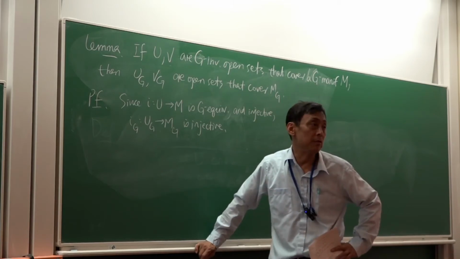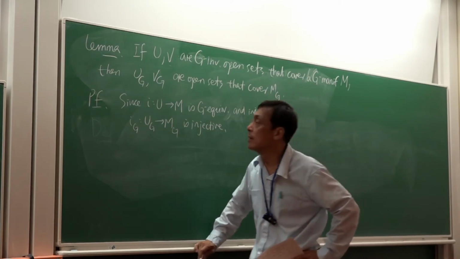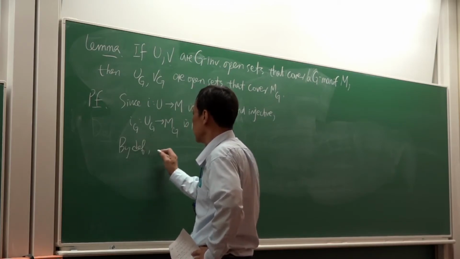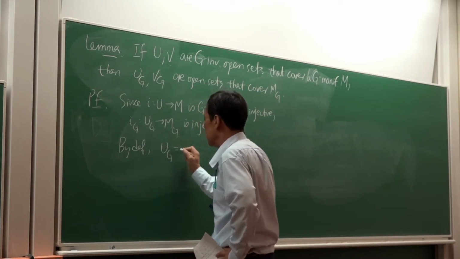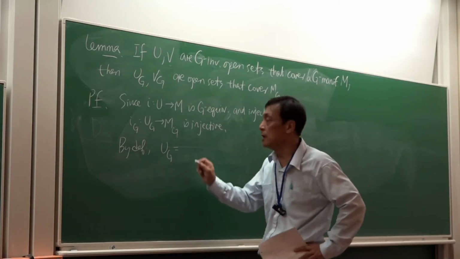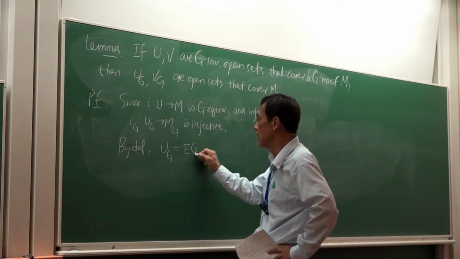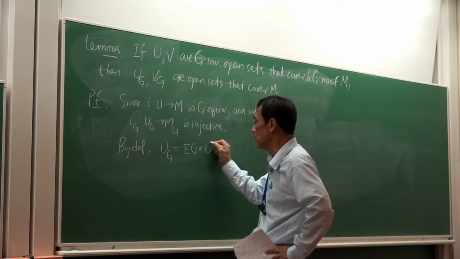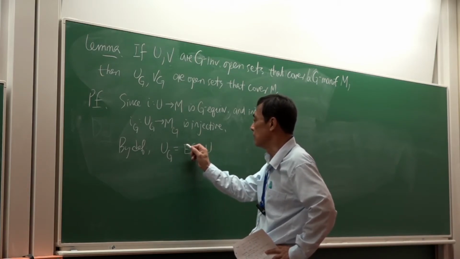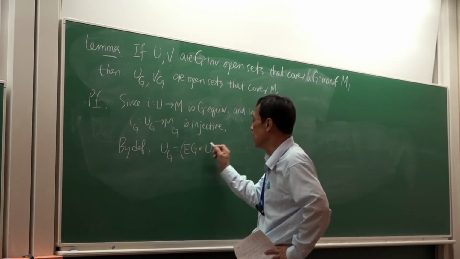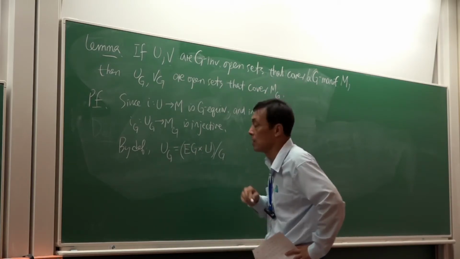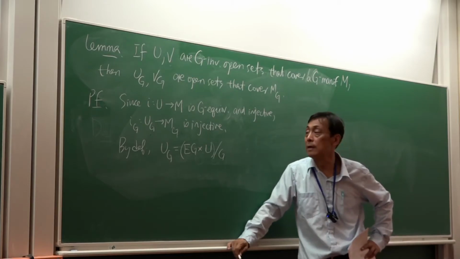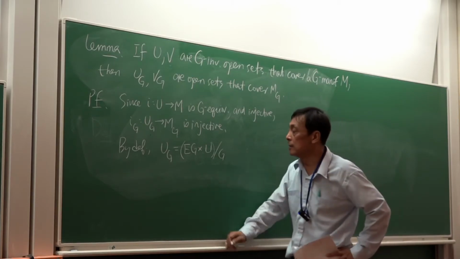And now you want to show that it's open. By definition, U_G is EG cross U, and then you divide by the diagonal action, right?